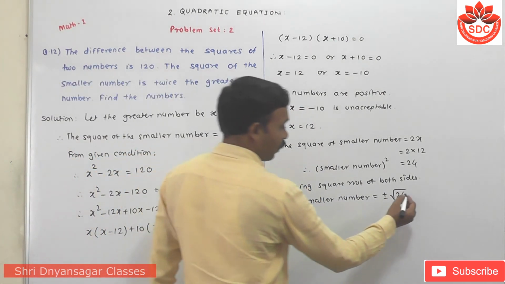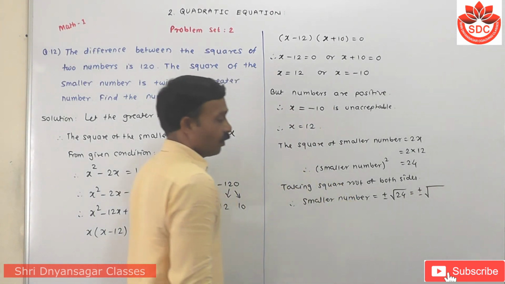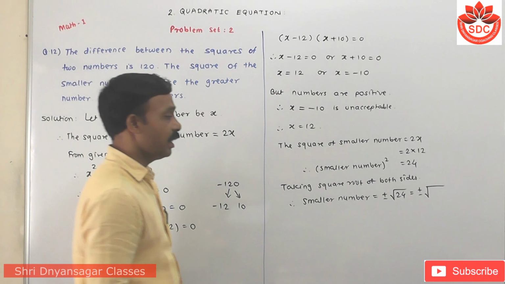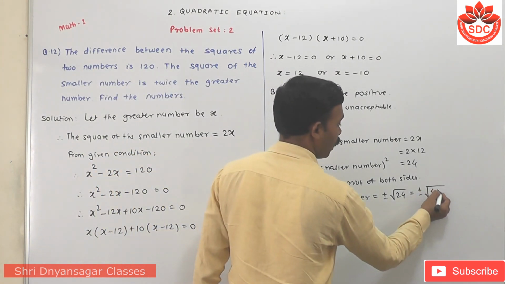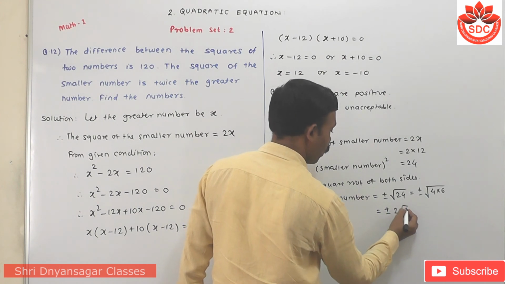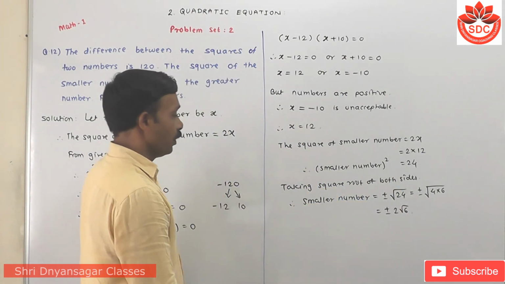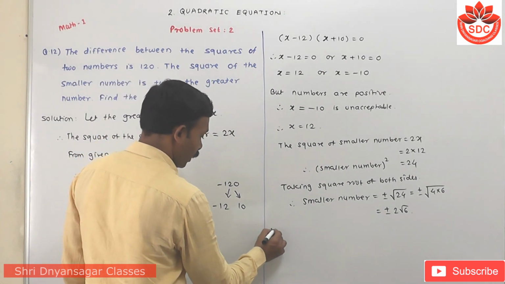Also we have to factorize it. Plus minus root of 4 into 6, means plus minus 2 root of 6, or also you can write plus minus root 24. Therefore, answer in full sentence.